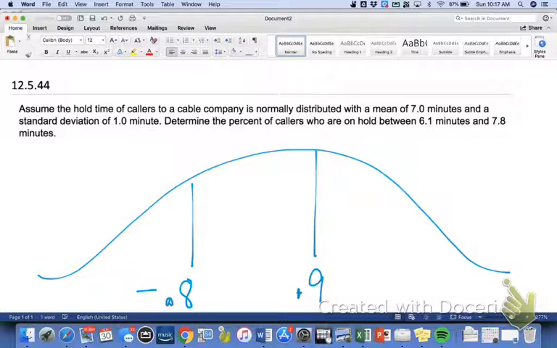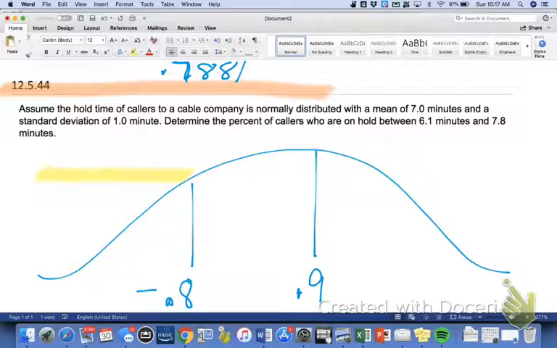So again, the table told us that all the way to the left of the 0.8 was 0.7881 of the area, and all the way to the left of the negative 0.9 was 0.1841.